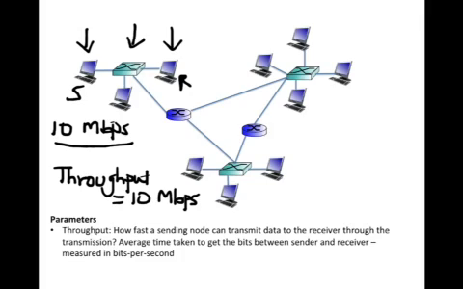But for now, let's say in a given time window, this is 20 seconds of time which we are talking about. The sender is transmitting data for the first 1 second, and then for the next 9 seconds it's not transmitting any data, and then it transmits for 1 second.